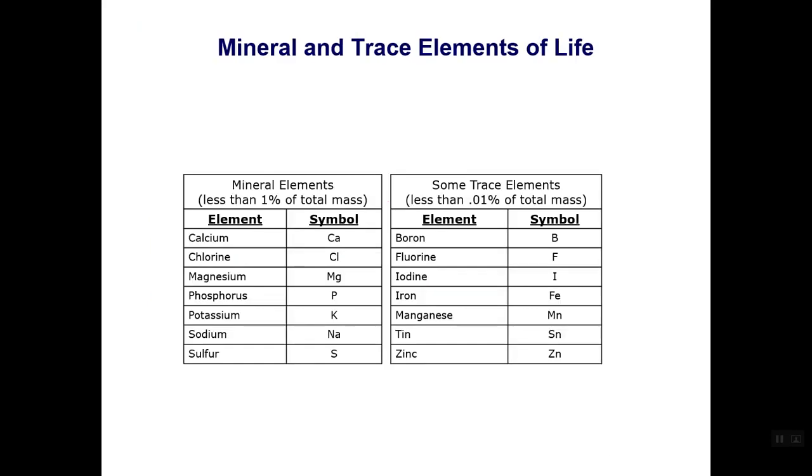All right, so here are some examples of those mineral elements and trace elements that we mentioned in that picture with the soccer ball player. Mineral elements are elements that are less than 1% of the total mass of the organism. So remember, 95% is CHON. So that other 5% is mineral elements and trace elements.